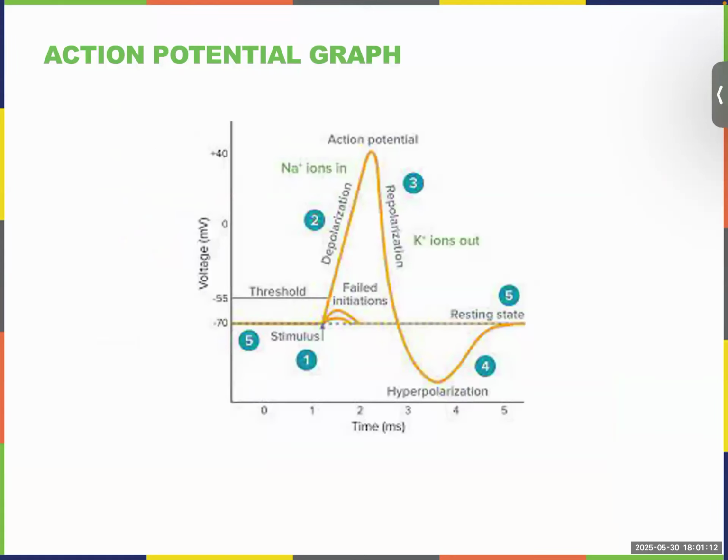So here's an action potential graph where on the y-axis is voltage in millivolts over time in milliseconds on the x-axis.